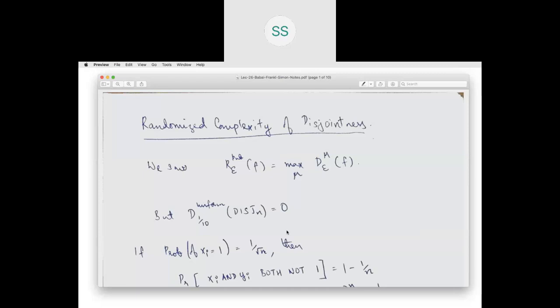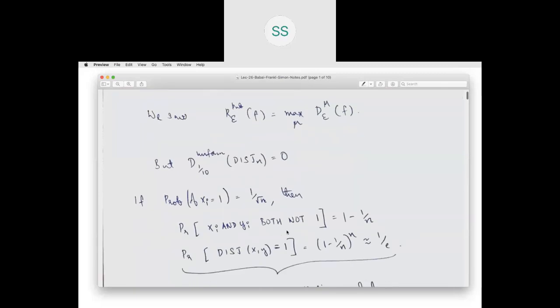Alice and Bob could just guess that their inputs are not disjoint, and they will be correct with high probability. So the uniform distribution is not a very good choice.